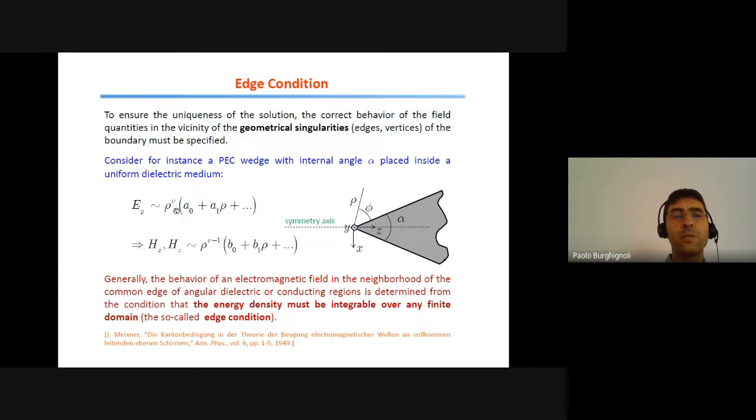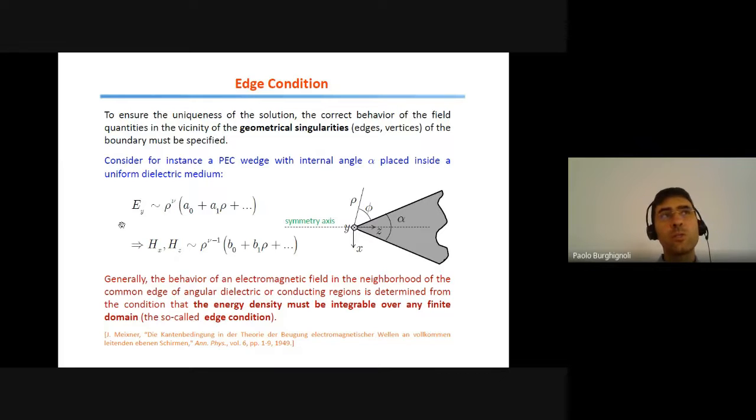So we have rho to the power nu, times an ordinary power series with coefficients a0, a1, and so on, so that the dominant term in the limit when rho tends to 0, so we are very close to the edge, is the first one, which contains the power nu in the exponent.